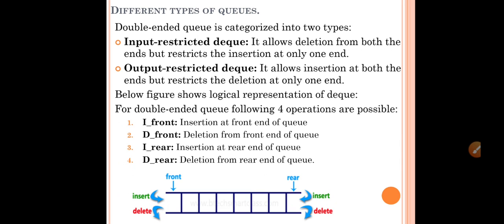Okay, so this is the example for a double-ended queue, right? We can insert the element from both the ends. The front and rear pointers are pointing at the front and rear, so we can do both operations at both ends. Okay, so this is about the double-ended queue.